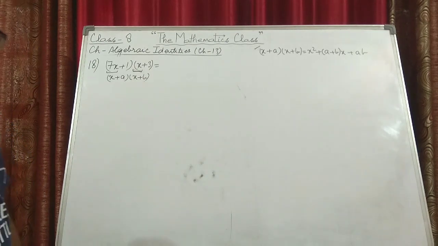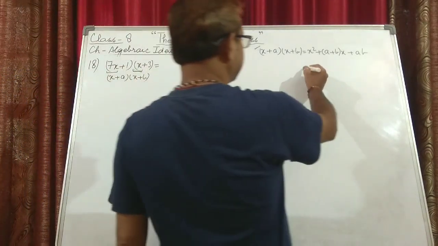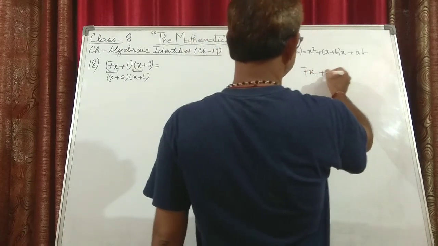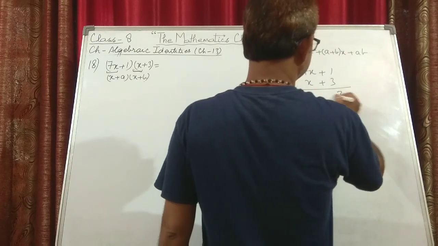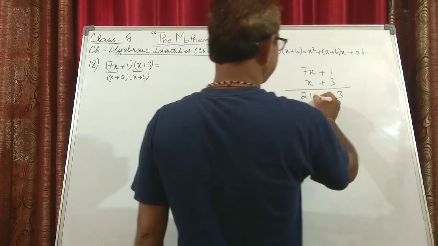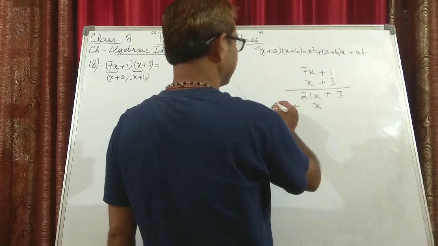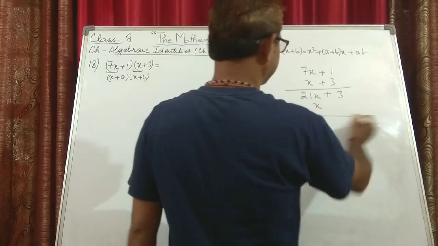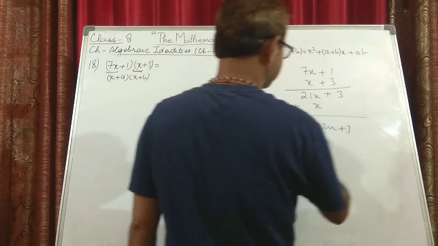Sometimes you get these types of questions, so you can simply multiply them. 3 ones are 3, 7 threes are 21x, and x ones are x, and 7x square. So you will directly get 7x square plus 22x plus 3.